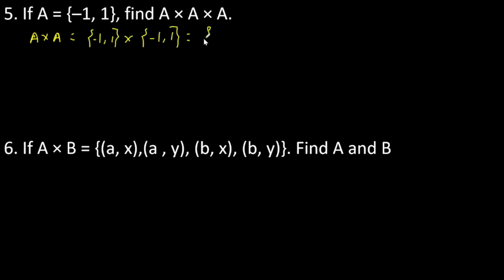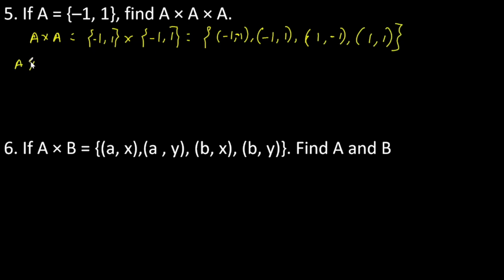We will get the ordered pairs: minus 1 comma minus 1, then minus 1 comma 1, 1 comma minus 1, and 1 comma 1. These are the elements of A cross A.